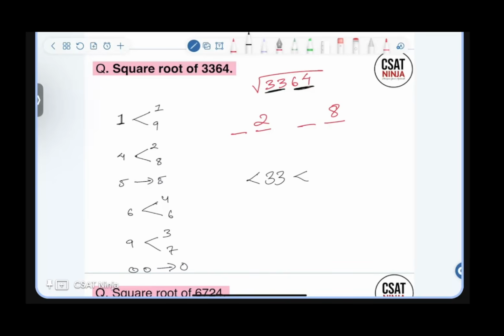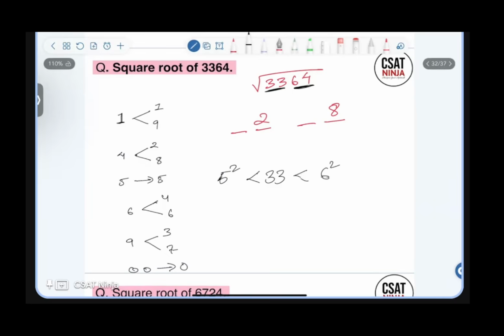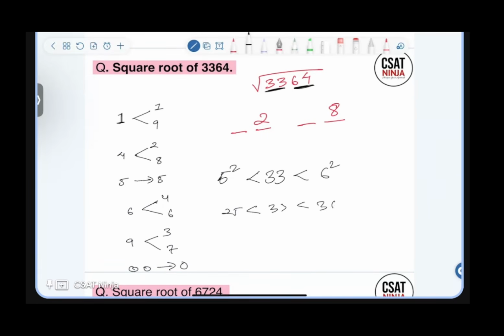Can I say 6 square is 36 and 5 square? 33 lies between 5 square and 6 square. Why? Because 5 square is 25 and 6 square is 36.